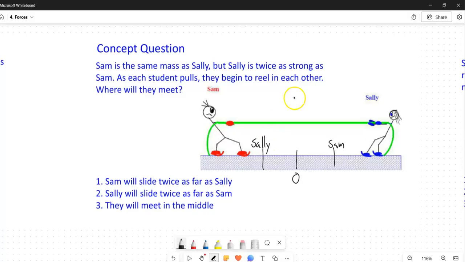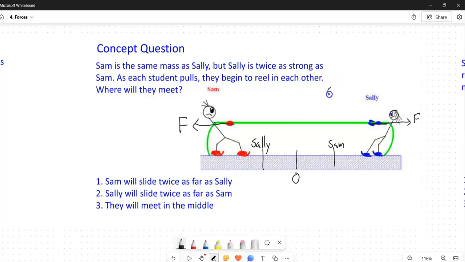Okay, well, when they're pulling on each other, it doesn't matter who pulls. The force is going to be equal and opposite. So Sam is going to be pulling Sally, and Sally is going to be pulling Sam. Even though she's twice as strong, they have the same force.